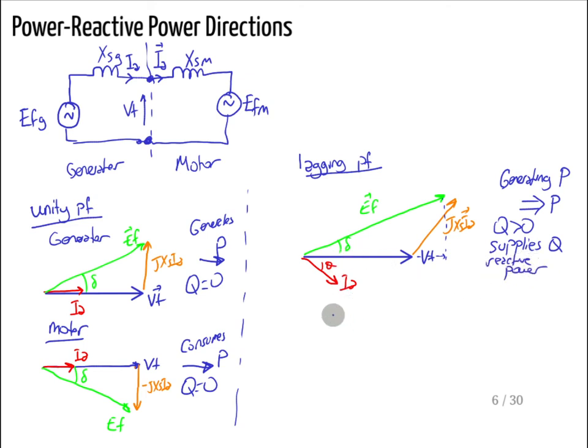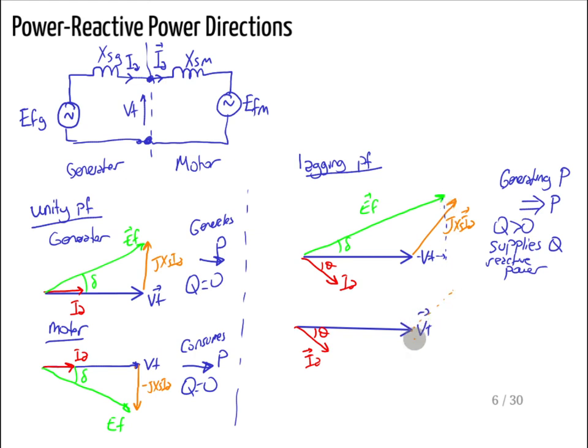Let's have a look at the same condition, because now they are working at the same terminal voltage and the same current. So the motor should operate at a leading power factor as well. Let me draw it again. We will have VT, that is our current IA.